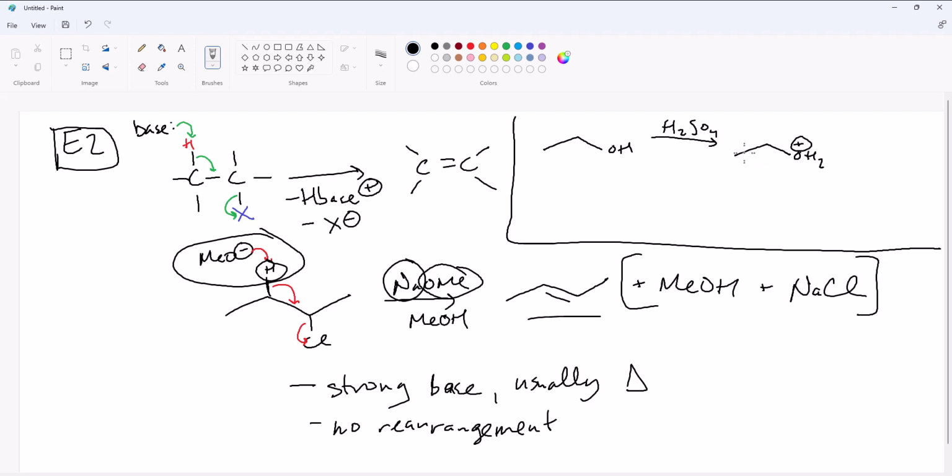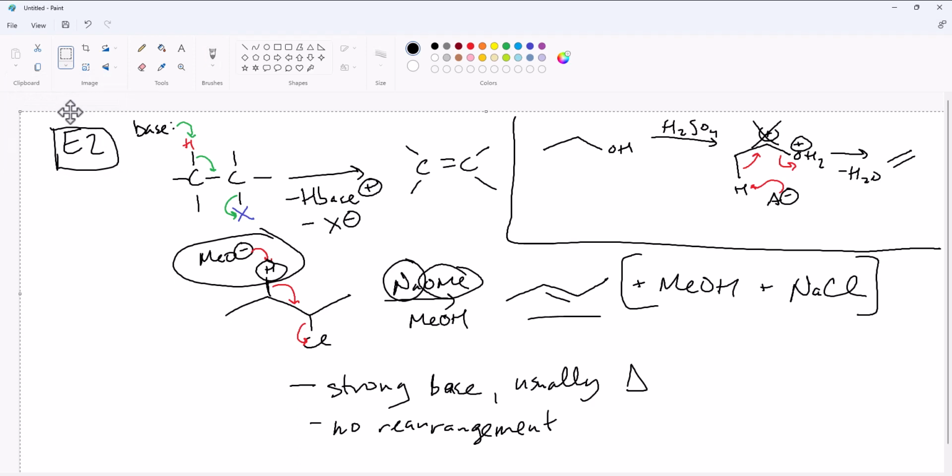So what we will see is we will pluck off the hydrogen and push out water in a concerted mechanism rather than in two separate steps. We can't form the primary carbocation. That would be too unstable. So we do end up with the same type of reactivity. We do end up with the ethene from ethanol. It just happens in a concerted fashion.